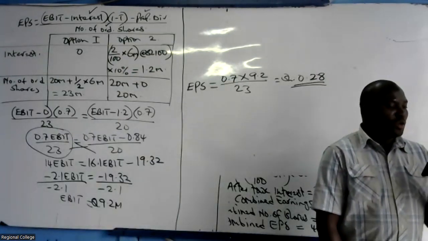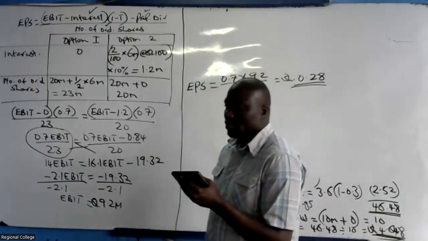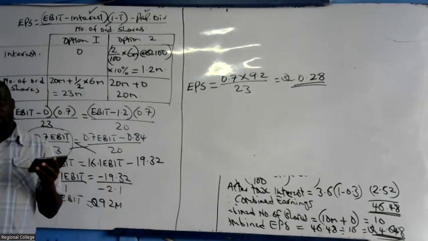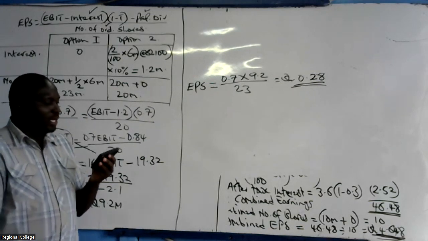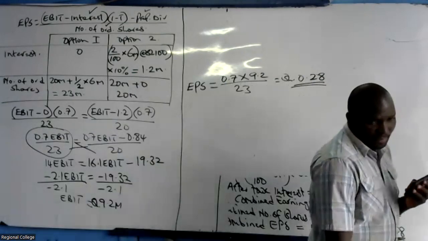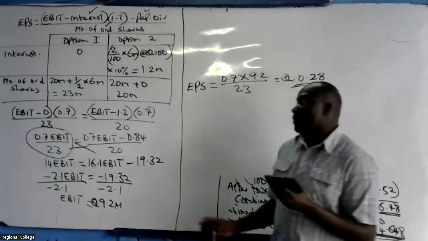Dividends per share, total market capitalization. You know that market capitalization is the total market value: the number of shares times the price per share, right? Then for 2 marks, pre-acquisition market price per share of the combined firm. So before acquisition, MPS of the combined firm.